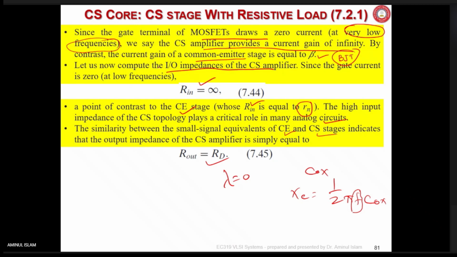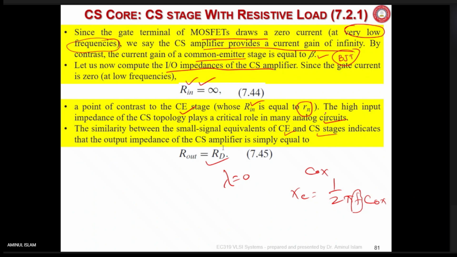Let us now compute the input and output impedance of the CS amplifier. Since the gate current is 0 at low frequencies, Rin is infinite because the gate is insulated by SiO2, so no current. This is a point of contrast to the CE stage, whose Rin is equal to r pi.